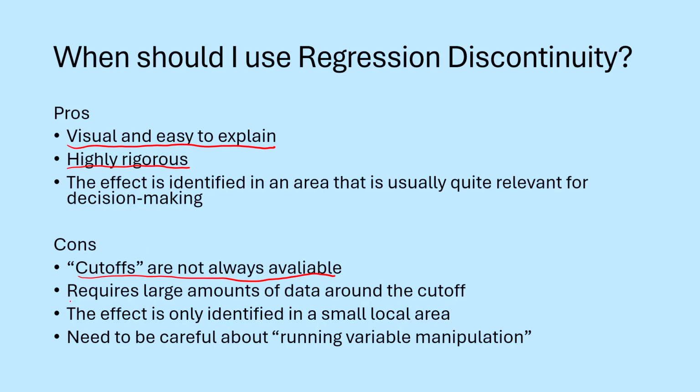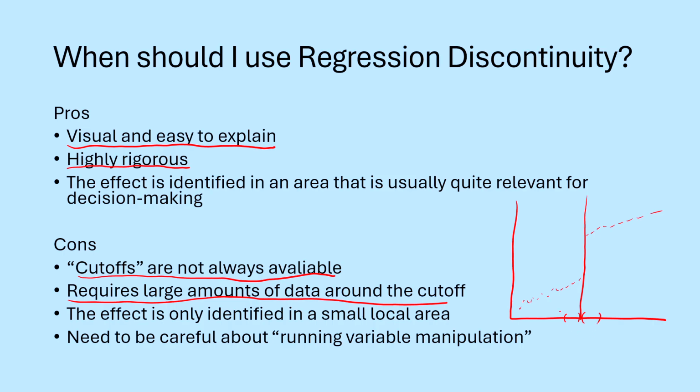The other limitation is that it's going to require a large amount of data right around the cutoff. So the core of your argument when you're doing a regression discontinuity design is that just to the left of this line and just to the right, there's no meaningful difference. So ideally, you're going to be using data just barely to the left and just barely to the right in order to make that estimation.